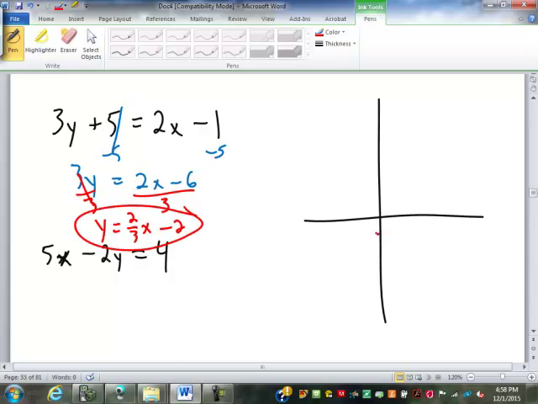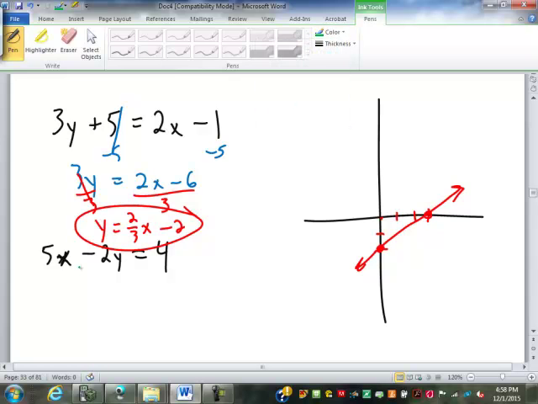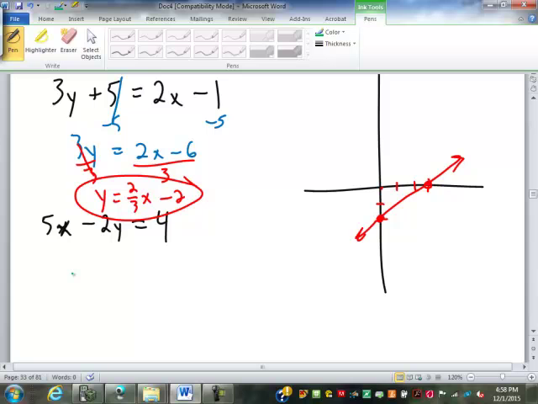So we start at negative 2 and up 2 over 3. Down here, what do we start off with? Subtract 5x, which gives us what? Perfect.